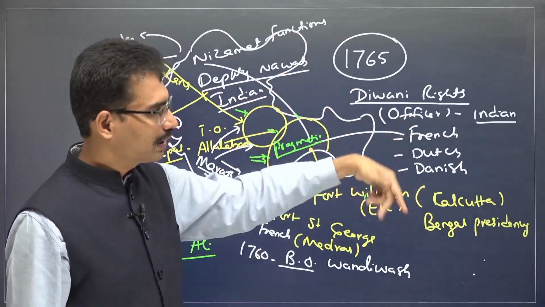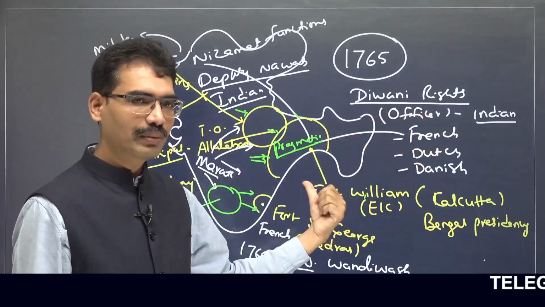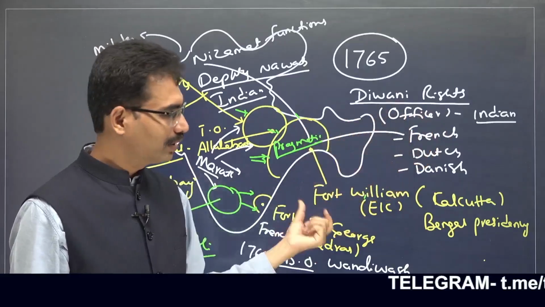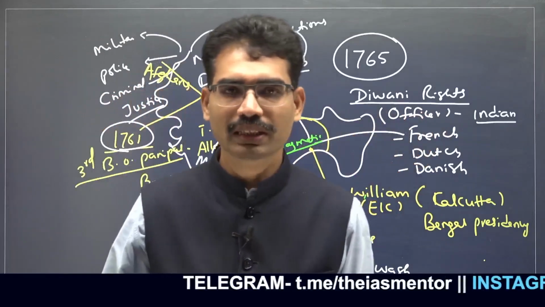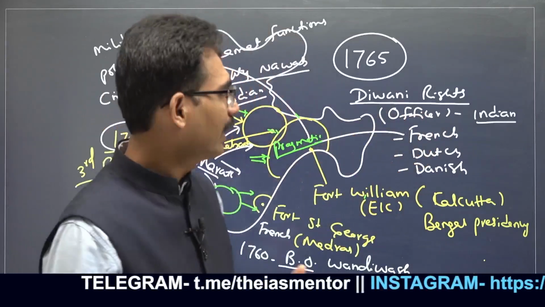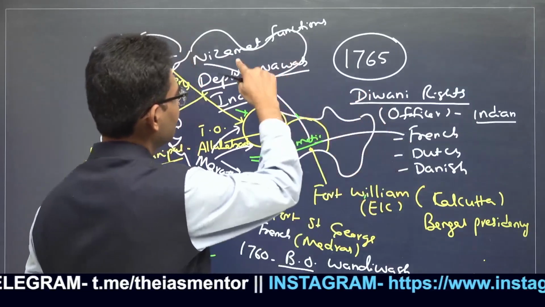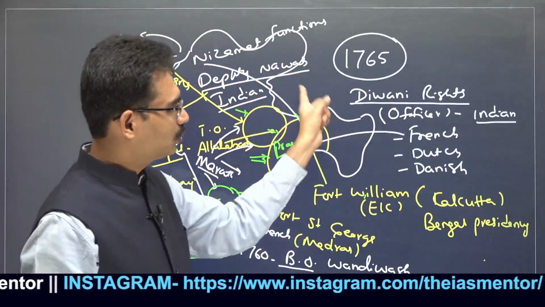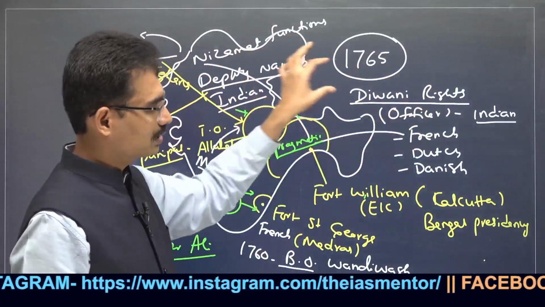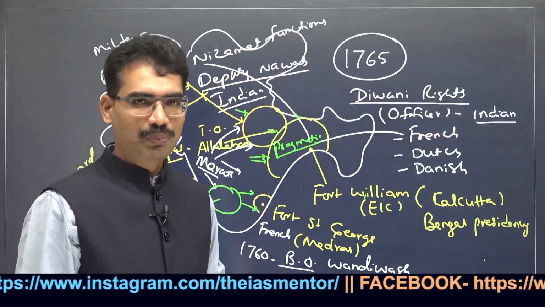In this way, Indians were used by the East India Company to get whatever funds they required. The Diwani rights they got, and the Nizamat functions were given officially, but indirectly they took both Diwani rights and Nizamat functions through their own appointees.